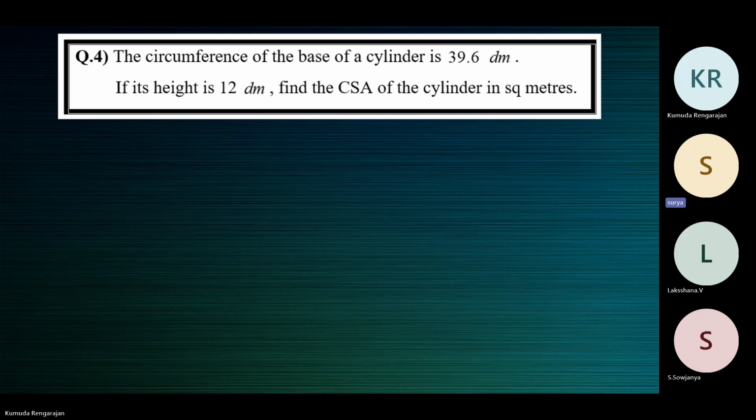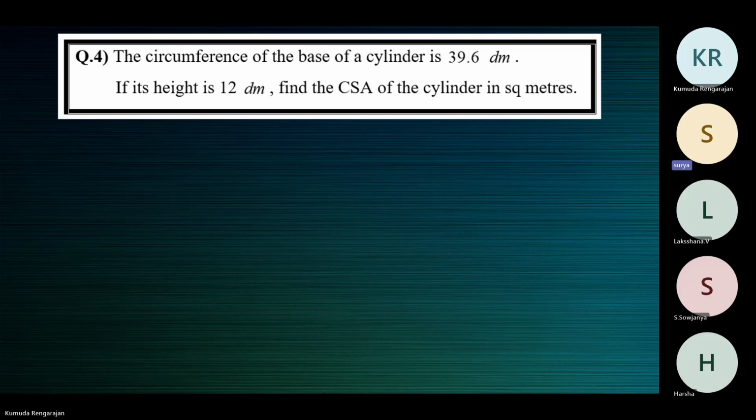And the CSA of the cylinder is 2 pi r h square units.